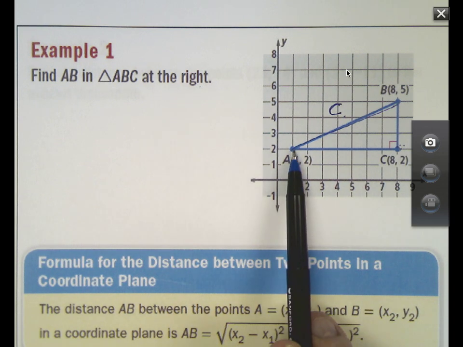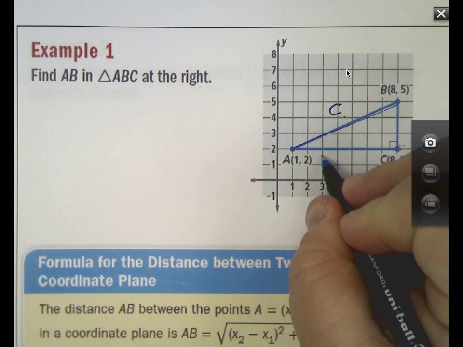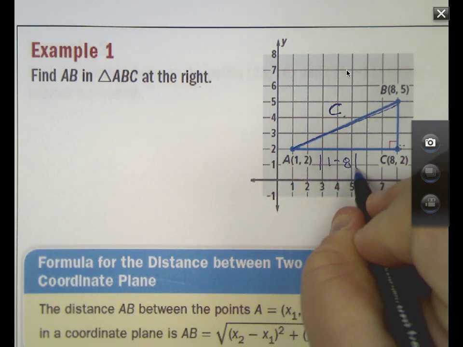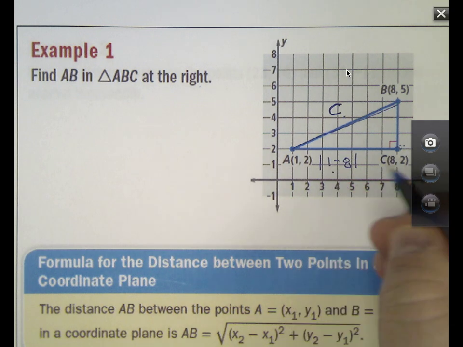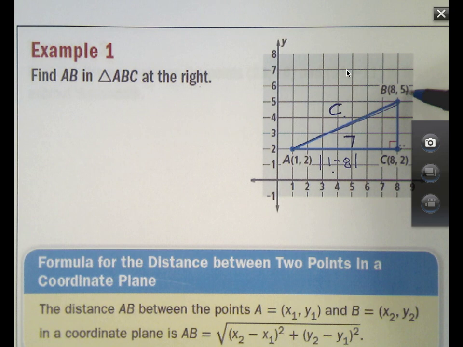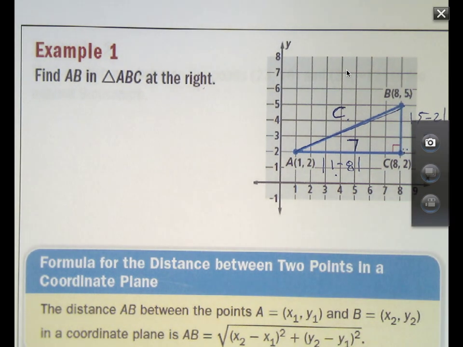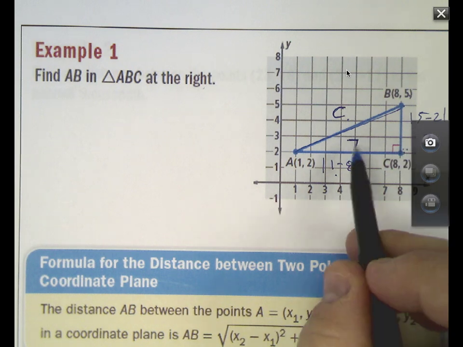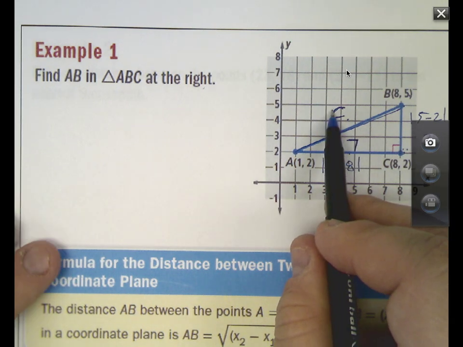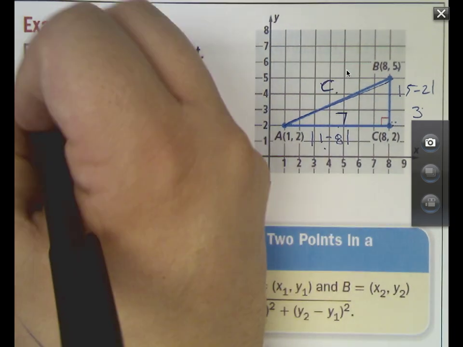Well, it's the absolute value of 1 minus 8, which is -7, which we know is a positive 7. And the distance from 5 to 2, well, we can easily count this: 1, 2, 3, or the absolute value of 5 minus 2, which is 3. So these are my legs, 3 and 7. My hypotenuse is c. Okay?